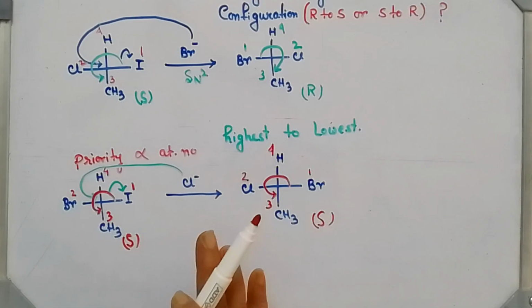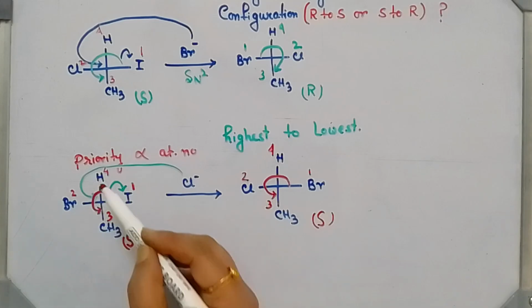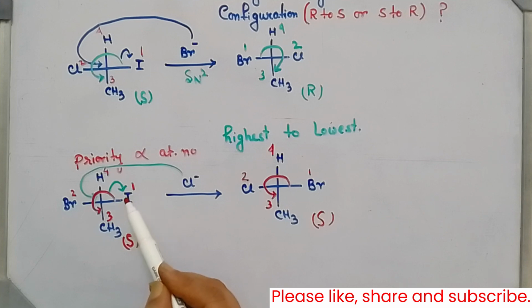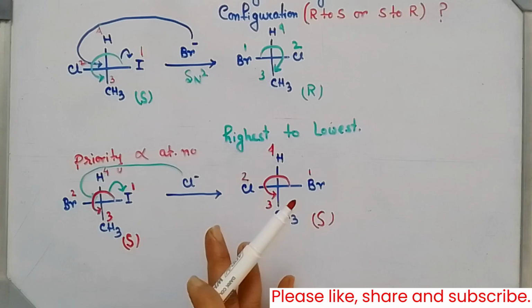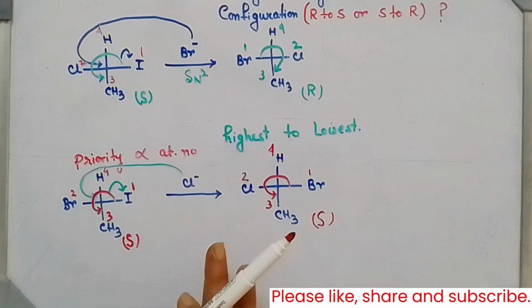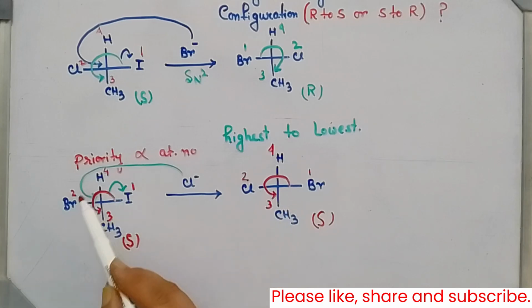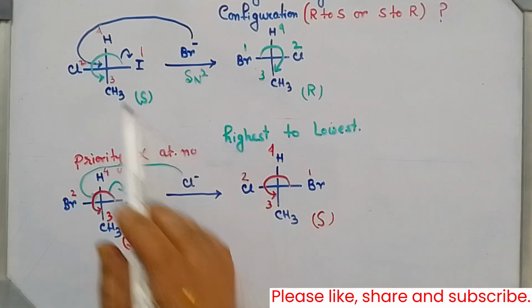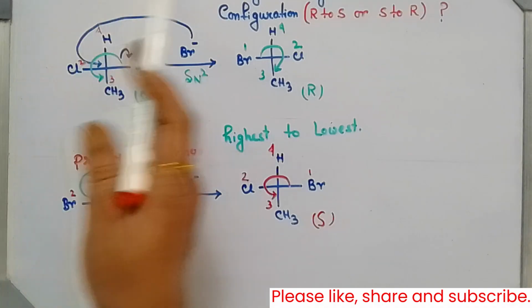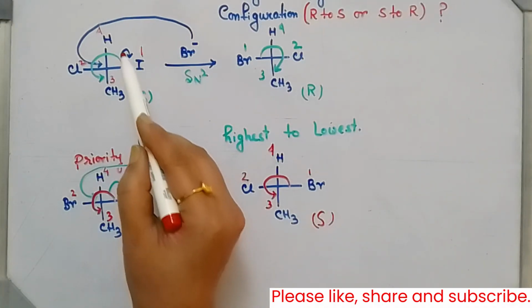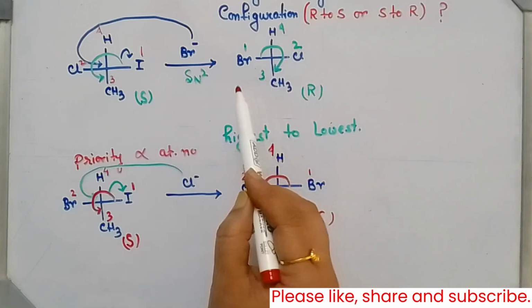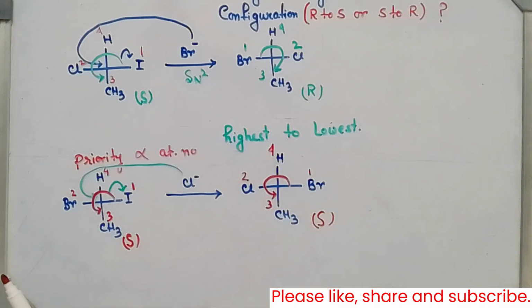Remember, if the lowest priority group is on the vertical line, then when you go from highest to lowest priority, whatever direction you get, that one you have to keep. Means here we are getting anti-clockwise, S. Here we are getting anti-clockwise, S. Here also the lowest priority group is on the vertical line. So here we are getting anti-clockwise, so S. Here we are getting clockwise, so R.